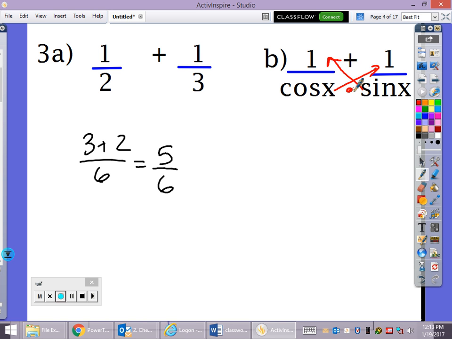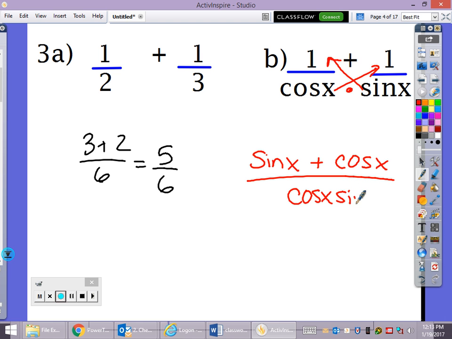So 1 times sine x is sine x. Cosine times 1 is cosine x, over cosine x times sine x. Now, in this case, that was a waste of time. I picked a bad example, all right? Because tell me, what is 1 over cosine?